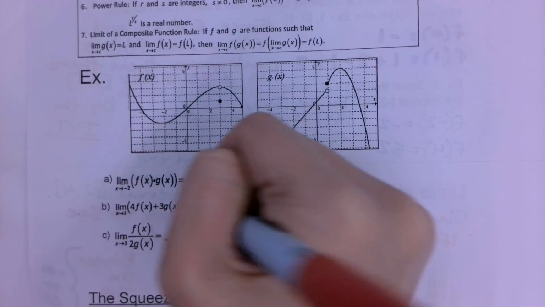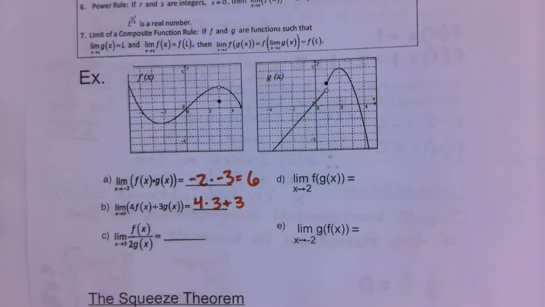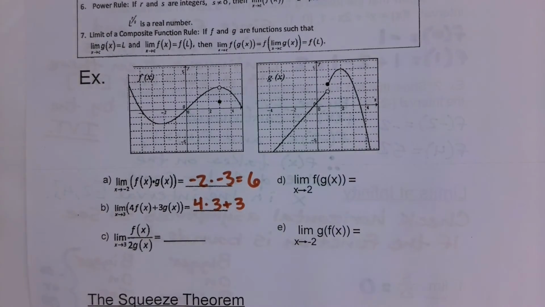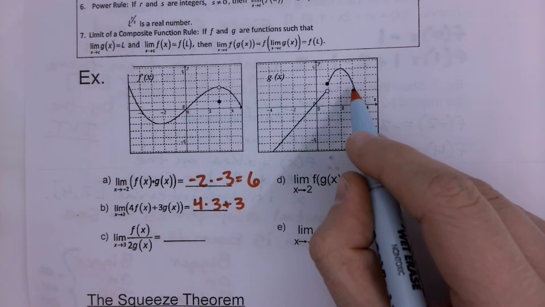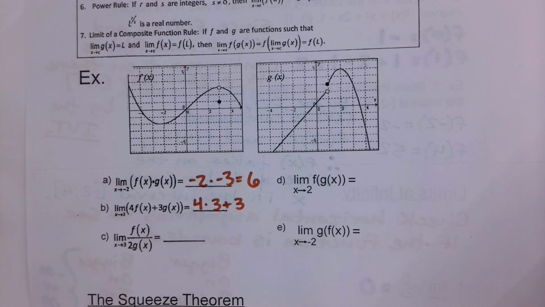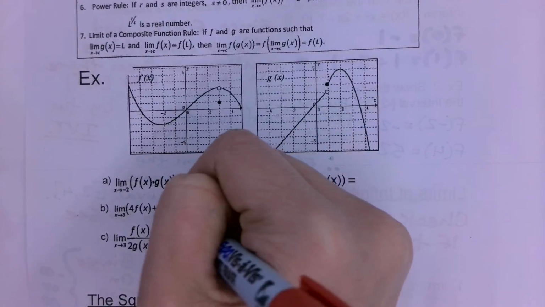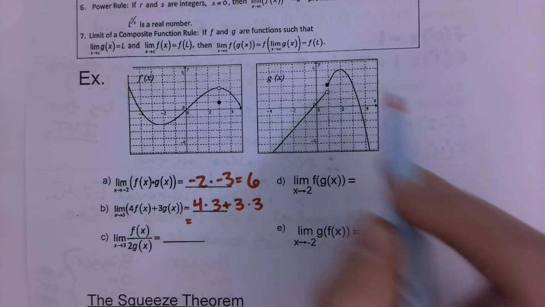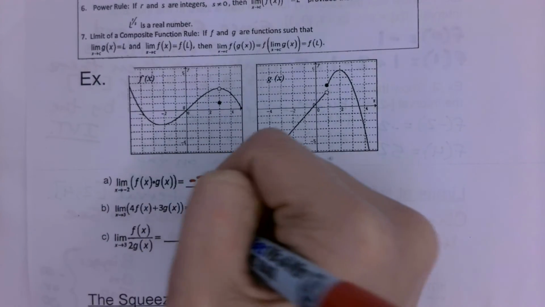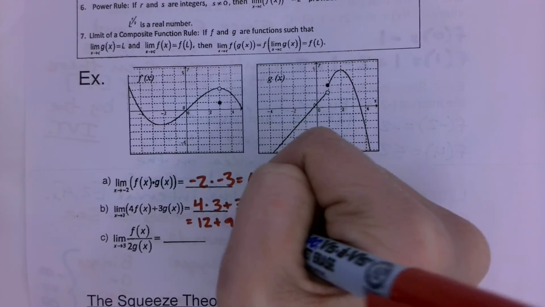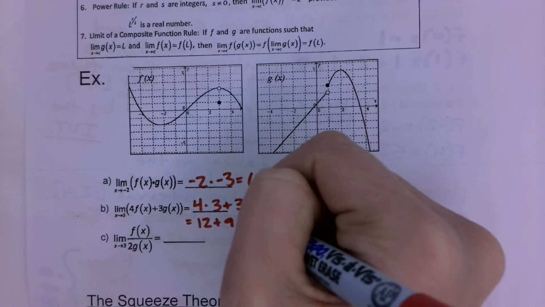So it looks like 3. And then same thing for g of x. Yeah, looks like 3. Might be slightly below, but we're not going to mess with it. Yeah, 21.